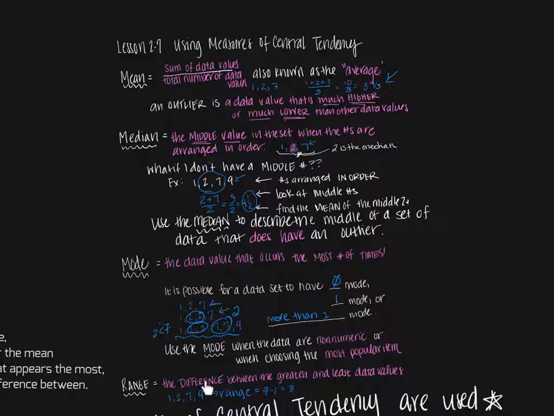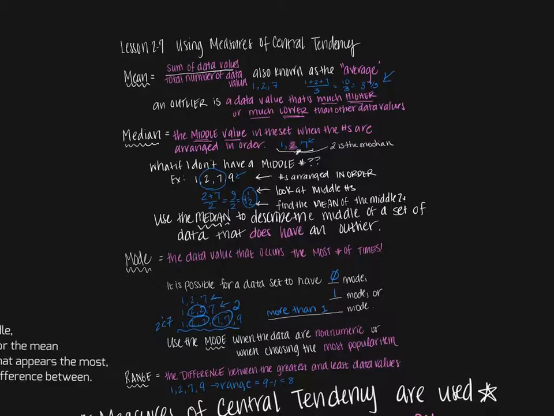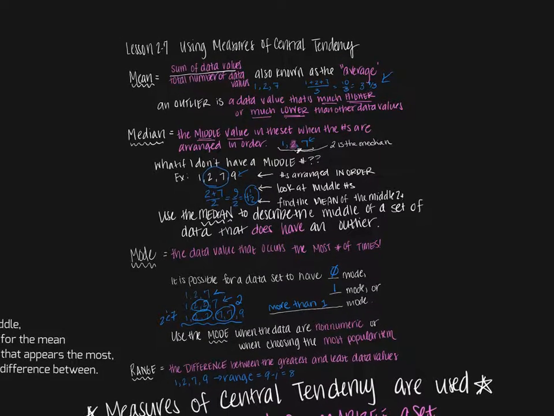So it's the subtraction between my greatest data point and my least, smallest data point. So let's look at an example here where I gave you some data. If I'm taking the ages of my kids and I want to know what their age range is, I'm simply going to subtract my biggest data point and my smallest data point. And so the range of ages in my kids, they span 8 years.